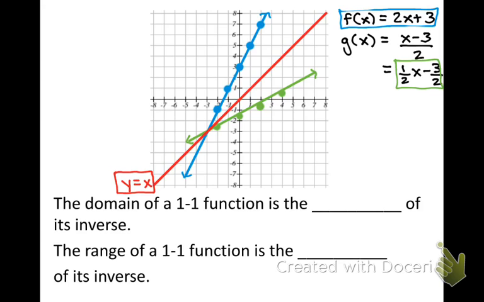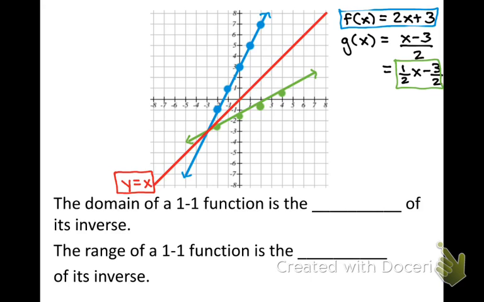So previously, we looked at some symmetry like x-axis symmetry, y-axis symmetry, origin symmetry. This is another way that symmetry shows up in graphs and their inverses. Now, one last piece of information to think about here. Remember that when we find inverses of functions, we are switching our x's and our y's.